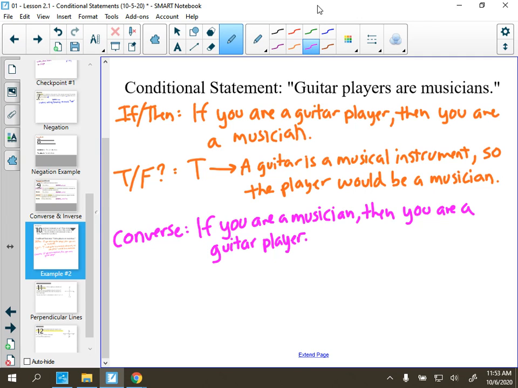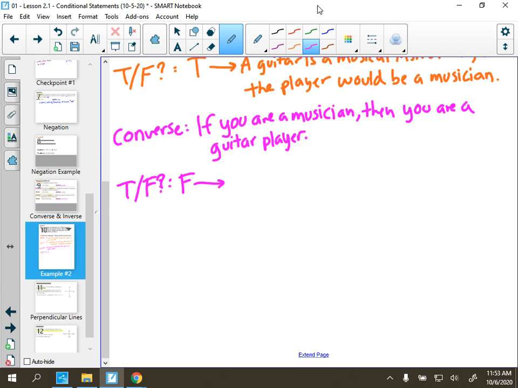So is that true, false? I'm speaking as a majority like before, that I would think most people would say that is false. And as long as I justify it and explain why, I think I'll be fine. If you're a musician, then you are a guitar player. Well, I think the explanation there is that not all musicians play guitar, right? You can be a musician, you can play other instruments, you can maybe be a singer.